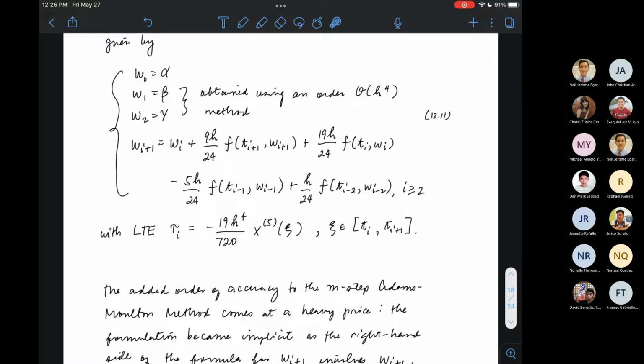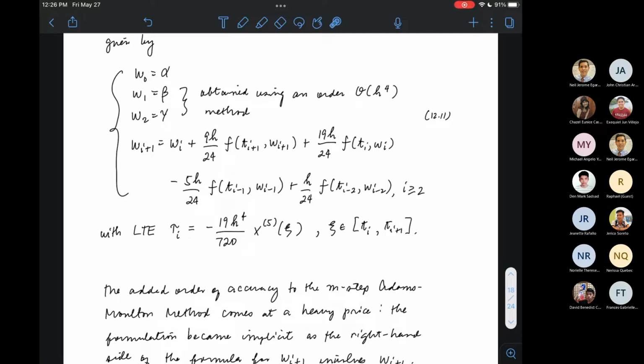So ibig sabihin, at every time step, kailangan mong mag-regular falsi or bisection method na kailangan pang isipin kung nag-hold ba yung premises ng root finding techniques na yon. Now, if you don't want to bother checking whether you have a nice bracket, meaning nagpapalit ba yung sign ni f of W sub i plus 1 at saka ni W sub i minus 1, o kung saang interval ka man naroroon, pwede kang gumamit ng iterative schemes.